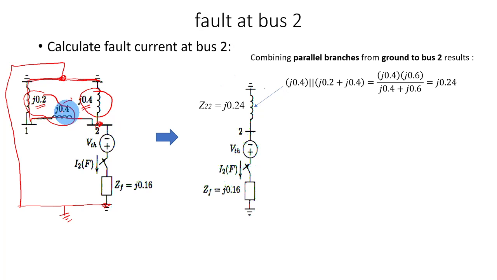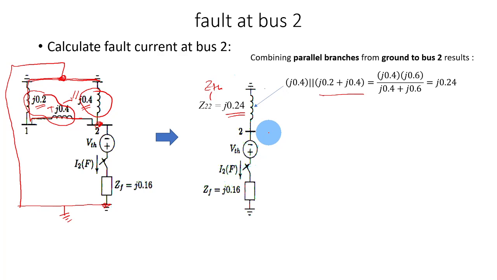So basically J0.2 plus J0.4 is in parallel with J0.4, which is this one here. I hope you can see that. If you parallel them together, you will have J0.24. You have this equivalent circuit, and it is basically the Z Thevenin. Okay, so you calculated the Z Thevenin.